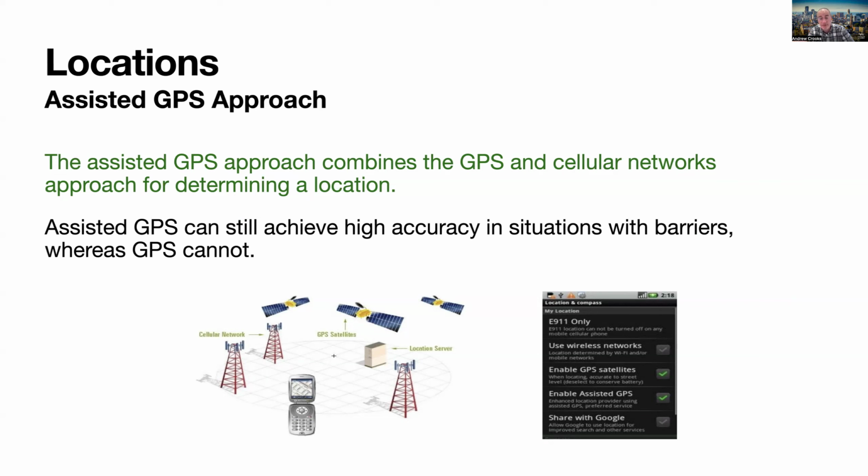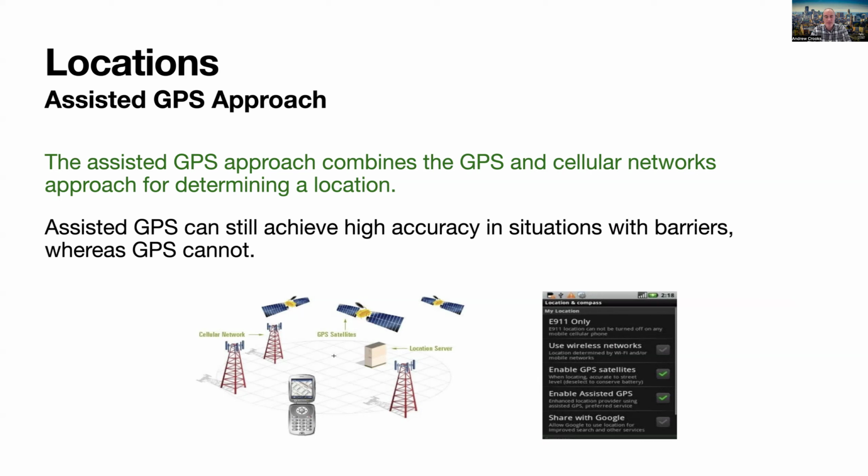Especially if you're inside a parking garage or whatever like that. The idea of assisted GPS would be that first you are located based on the cell phone towers. Cell phone towers then help narrow down which GPS satellites to look at. And then from that, you therefore get a better sense. It's quicker to get a fix on your current location.